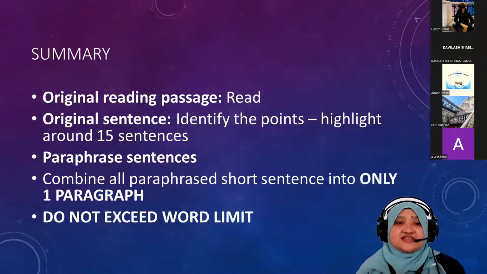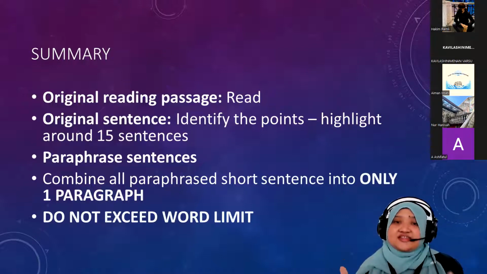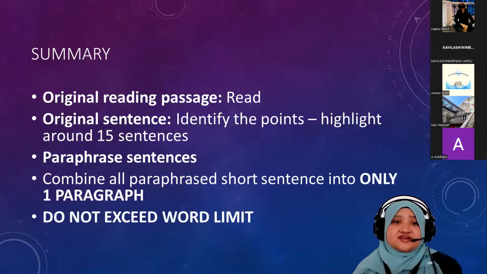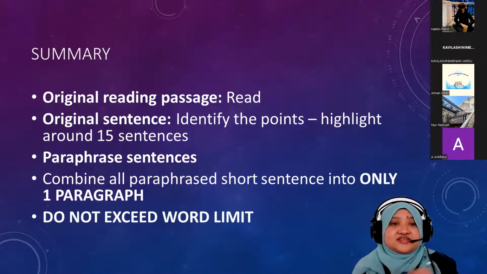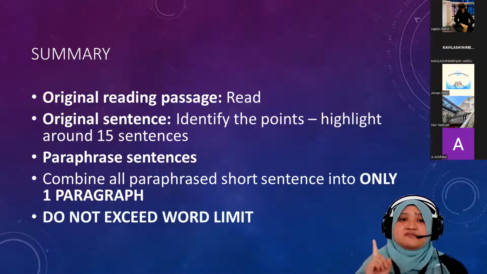Then paraphrase the sentences. Remember the paraphrasing skills that you can use to shorten the sentence. So combine the sentences, change the noun into verb. Okay, simplify, use clustering, use synonym, okay, group words together. And after you paraphrase the sentences, combine them into one paragraph, only one paragraph for a summary.